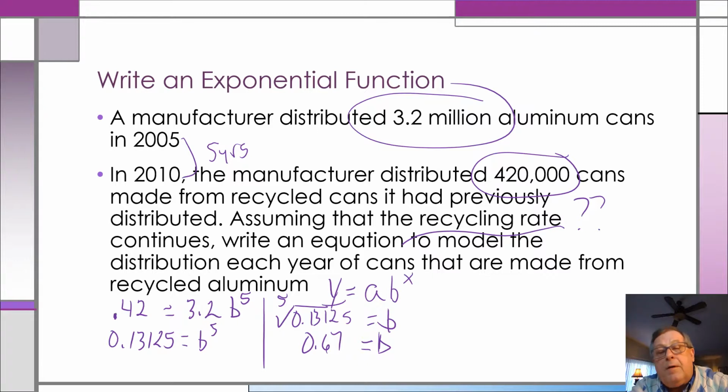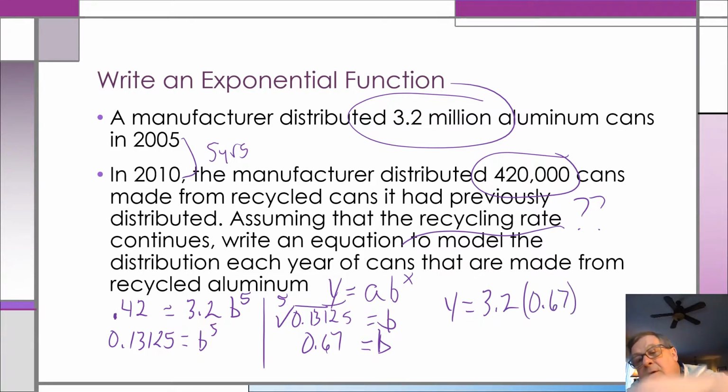All right. Well, now we can write a general equation for that. In this case, y equals 3.2, that's my initial amount, times 0.67 raised to the power of x. All right, well, Shazam, that's not too bad. That's pretty cool.